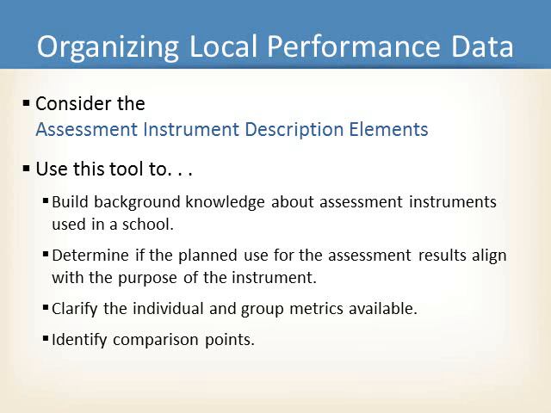These are assessment instrument descriptions. The assessment instrument description elements file explains what is included in each of the assessment instrument descriptions. The assessment instrument descriptions help planning teams to build background knowledge about assessment instruments used in a school, determine if the planned use for the assessment results aligns with the purpose of the instrument, clarify the individual and group metrics available, and identify comparison points.